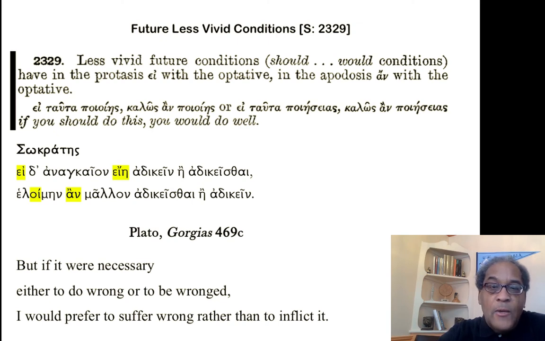Ei de anankaion eiē, adikein ē adikeisthai, heloimēn an mallon adikeisthai ē adikein. I'll read that again simply because it's so beautiful. Ei de anankaion eiē, adikein ē adikeisthai, heloimēn an mallon adikeisthai ē adikein.